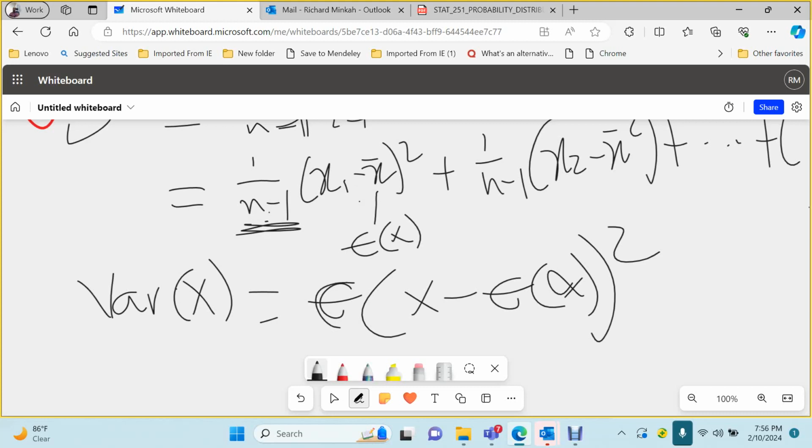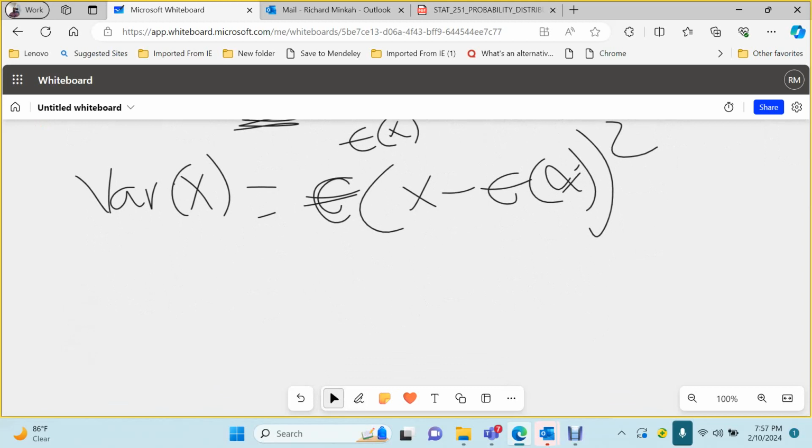The expected value of what? The difference, which is what you see over here, all squared. Now I'll leave this as an exercise. I can expand this. If I expand this, this will be the expected value.